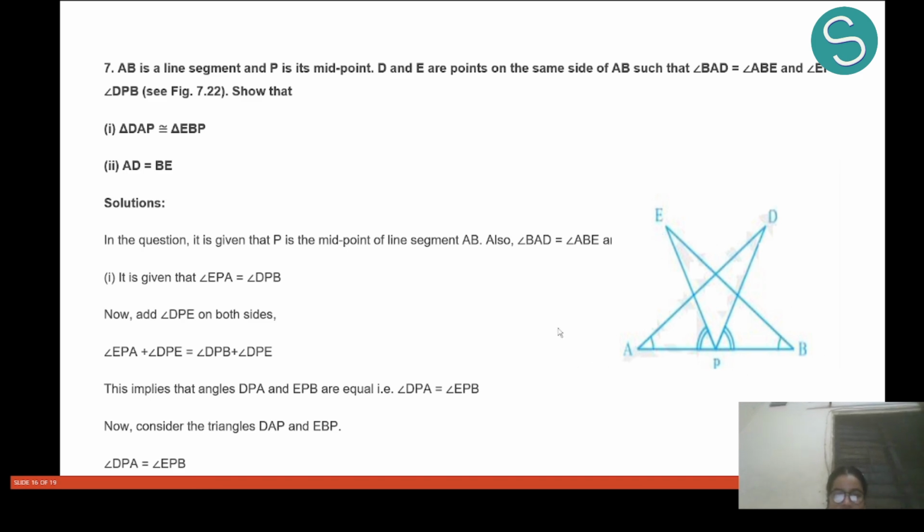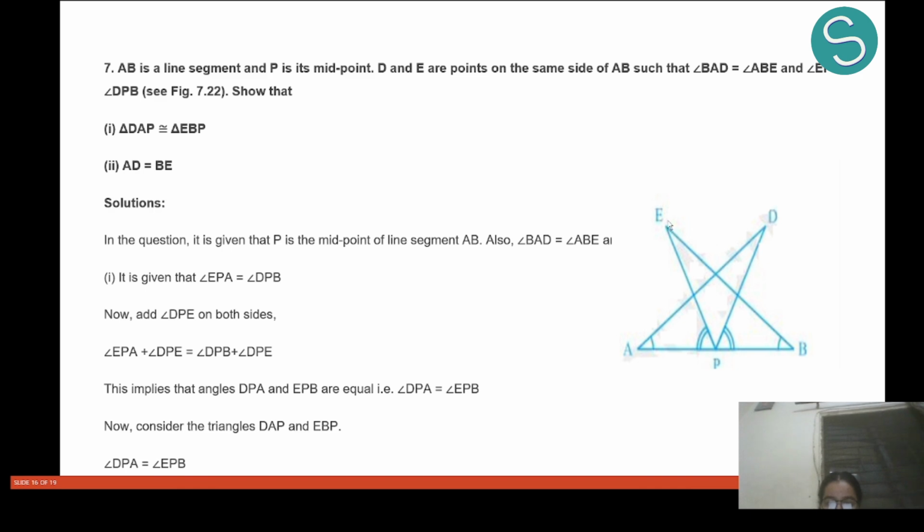Now it is given to us that angle EPA equals angle DPB. We have to show congruency of triangle DAP and EPB, right? So what we will do is add angle DPE on both sides.